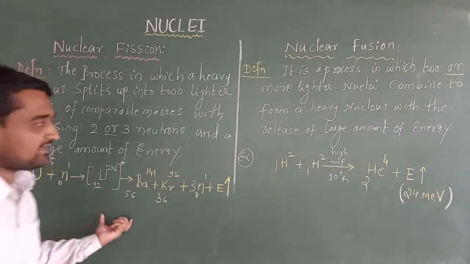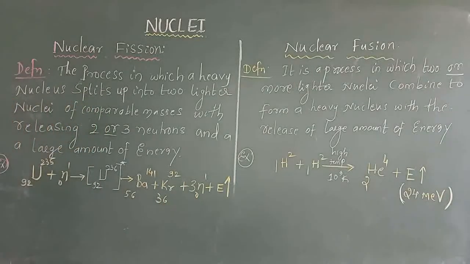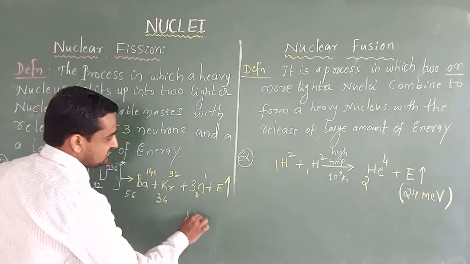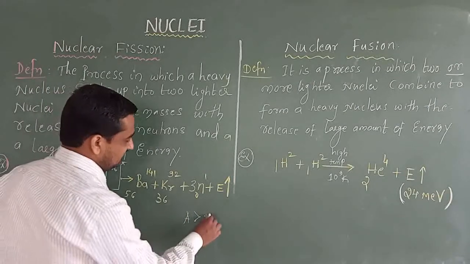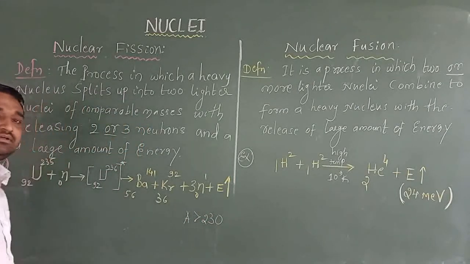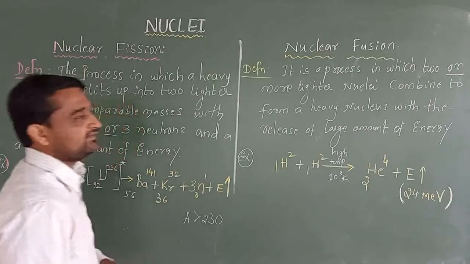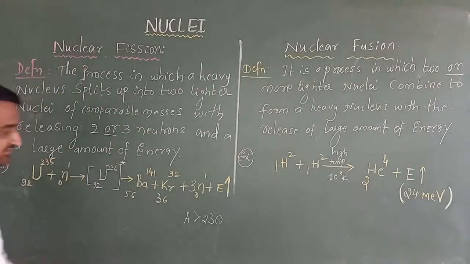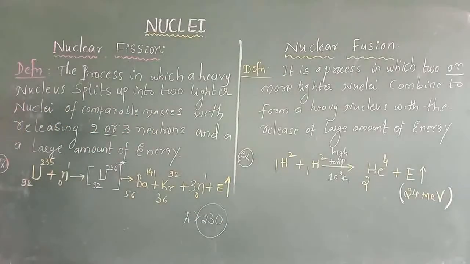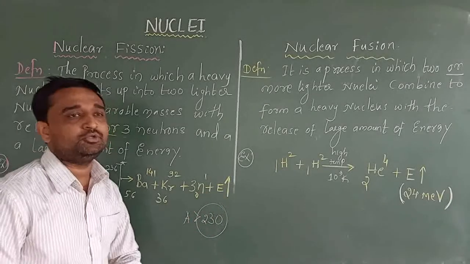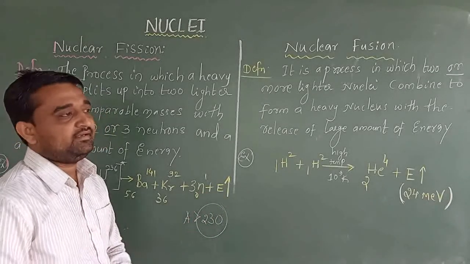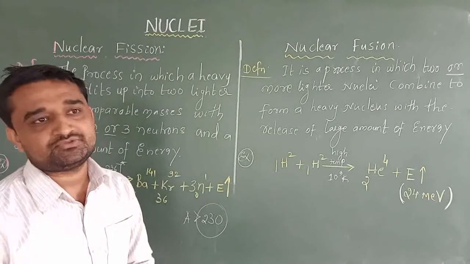So it is a nuclear reaction we are going to write here. What happens in this case? From the binding energy curve, for an atomic mass number greater than 230 or 240, around this region, the binding energy per nucleon is small.